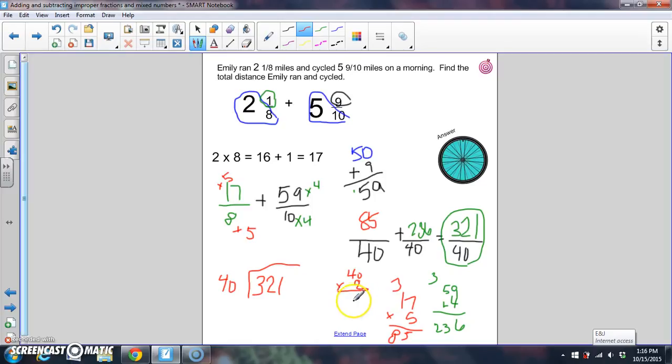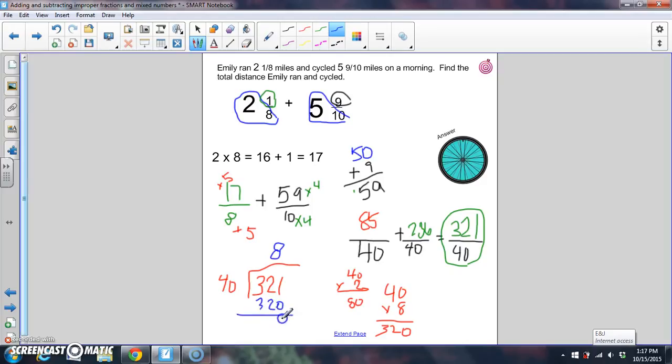Forty times 2, 80. 40 times 3. Keep going until you can find how many times it goes into it as close as possible. Once you've reached 40 times 8, you may have noticed that the product 320 is as close as we're going to get. So we divide, multiply, subtract.